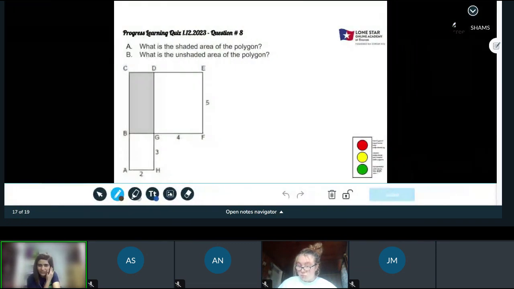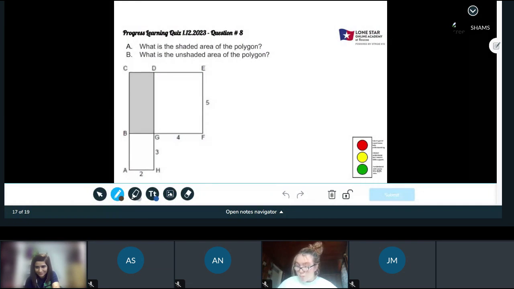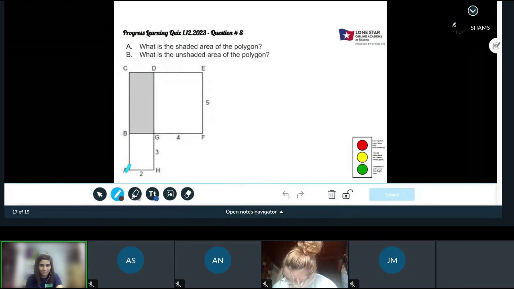This was the next one. They wanted shaded as well as unshaded areas. Andre, if you want to, you can. Go ahead, people. Let's get started. How will you find area of the shaded as well as the unshaded? Get started. And I will also be guiding you over here.